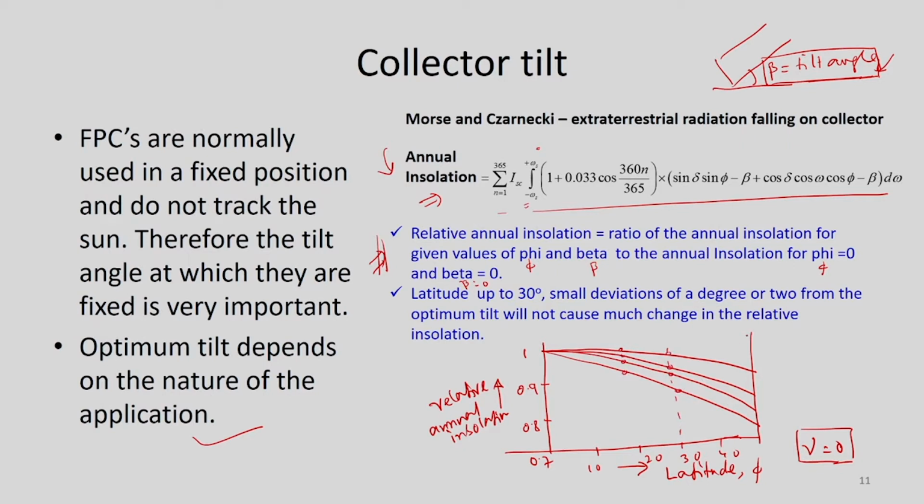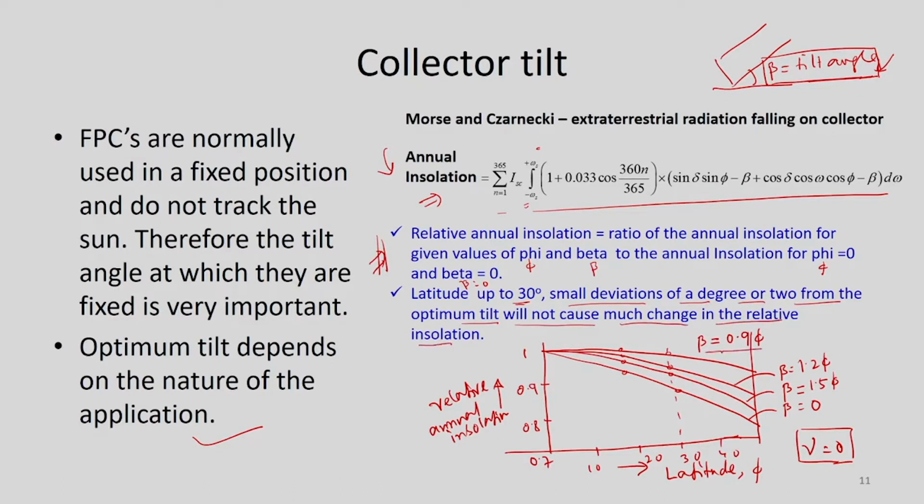This first line is for beta equal to 0.9 phi, the second plot is for beta equal to 1.2 phi, in this case beta is equal to 1.5 phi, and this is beta equal to 0. So, what we can conclude here is that for latitude up to 30 degrees, small deviations of a degree or 2 from the optimum tilt will not cause much change in the relative insolation.